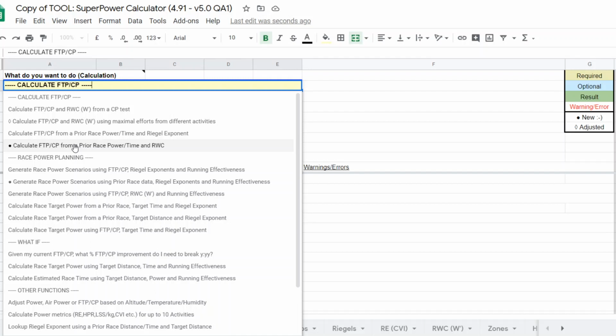For 30 minutes and over, you're going to use this other Riegel-based model. So there you have it. I think we've covered a pretty good range of ways of estimating your FTP CP from various key data, whether it's testing data or racing data.